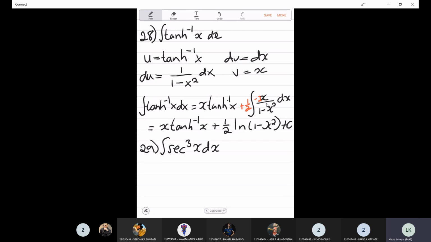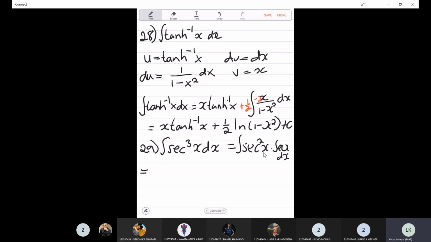So we can see sec to the power of 3 of x as the integral of sec squared x times sec x dx. And then this one here, we write it as tan squared plus 1.